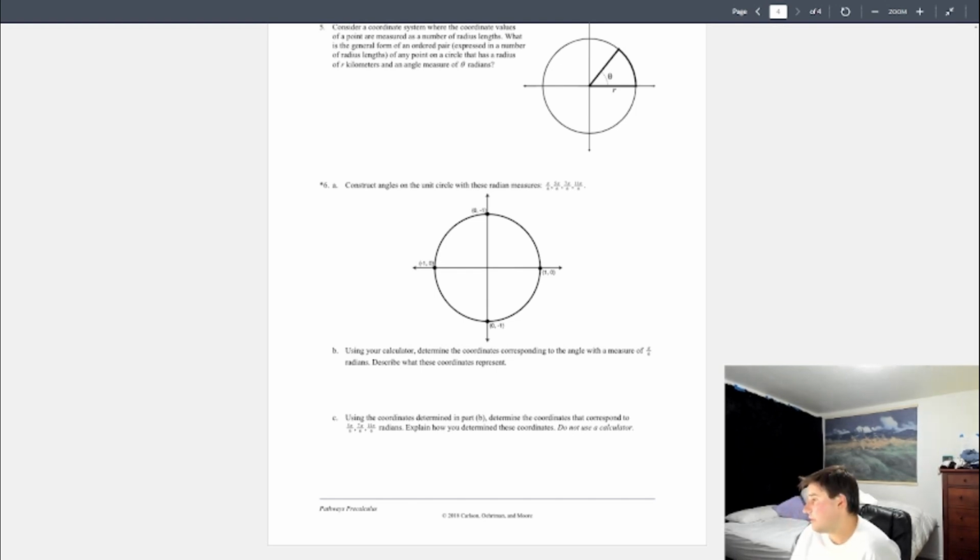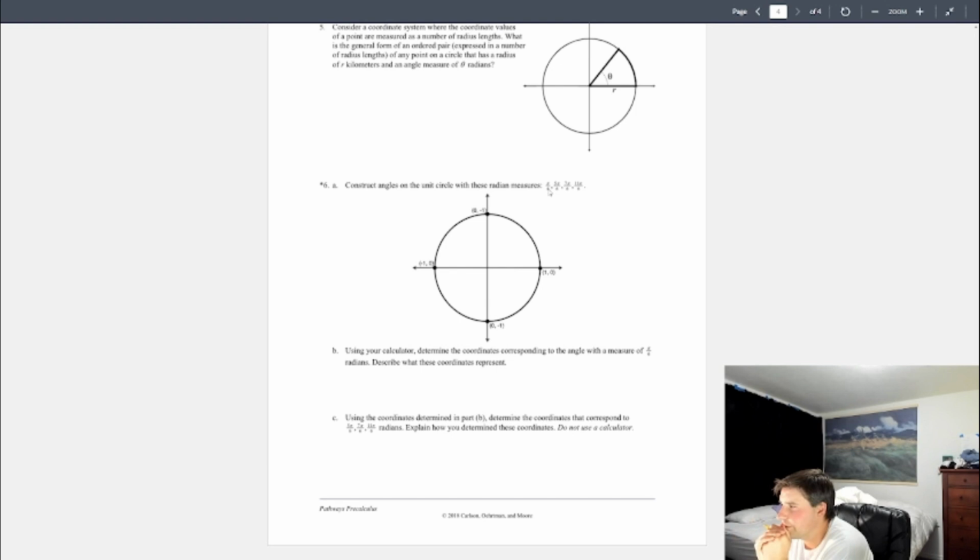Okay, using the coordinates determined in part B, determine the coordinates that correspond to... Do not use. Oops. So how did they want me to do this? Because clearly I was only supposed to plug in this. I did it for construct angles of units. Get radian measures.